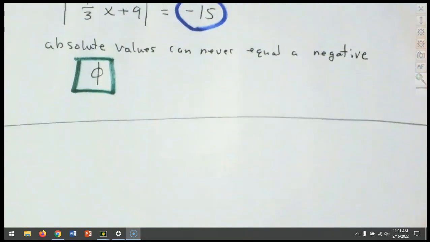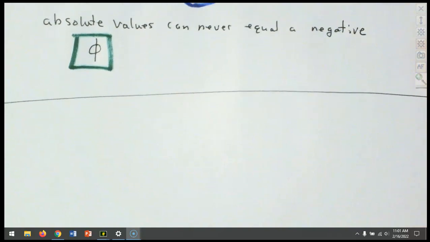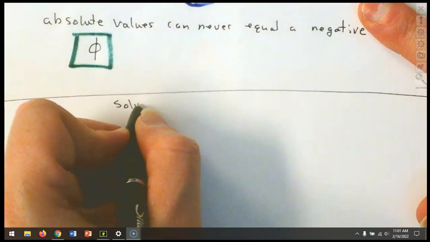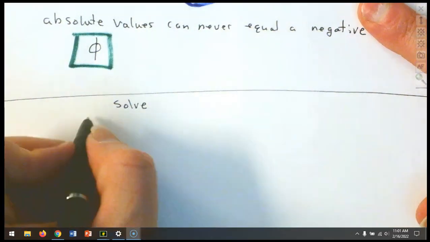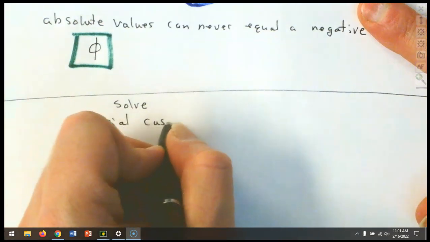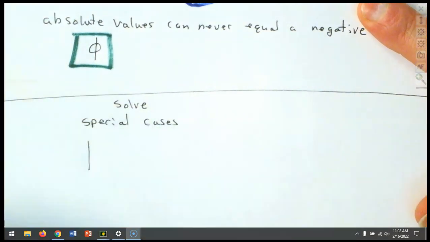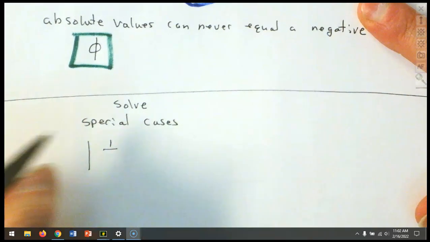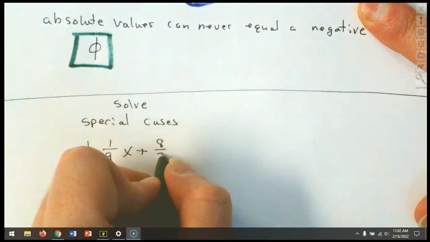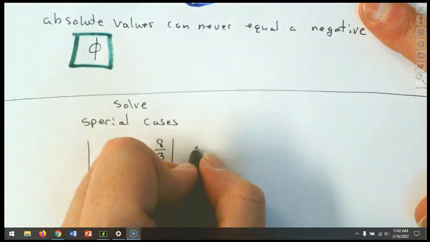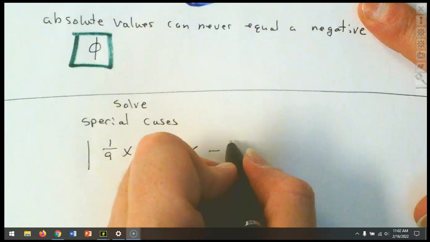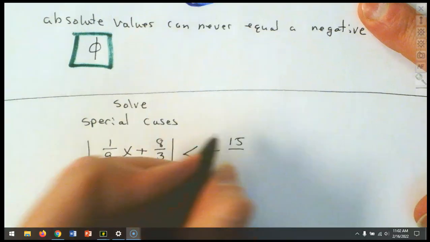Now let's talk about inequalities. Again, these are going to be special cases. Absolute value of, let's say, 1/9 x plus 8/3 is less than negative 15/8.